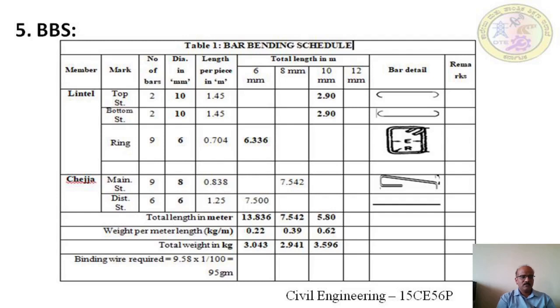The total weight taken is 9.58 kg, multiplied by 1 by 100, that is 1%, which gives the total weight of binding wire required: 95 grams or 0.095 kg. This is regarding the bar bending schedule.